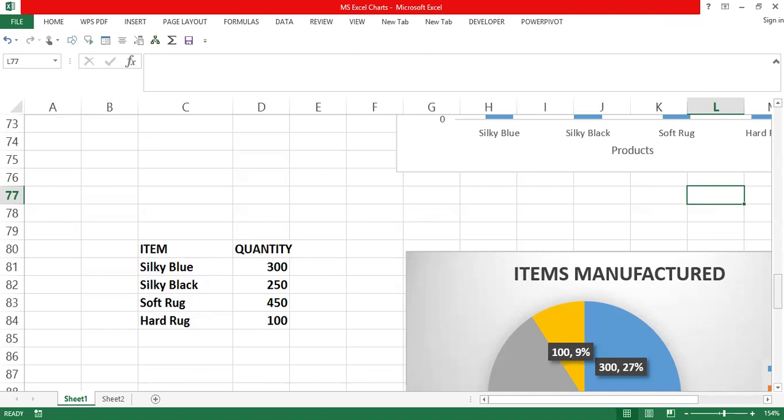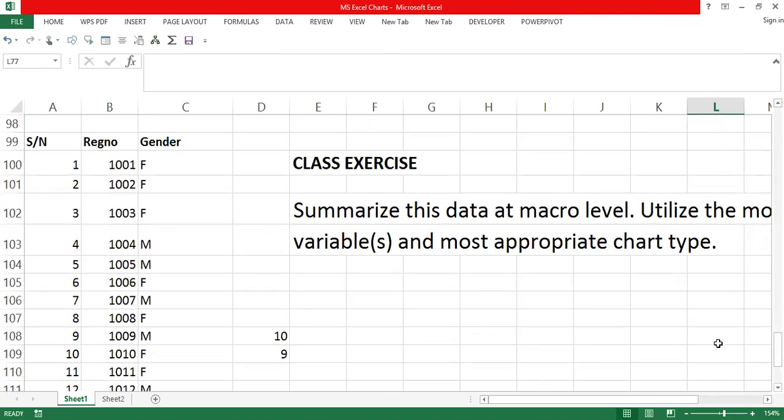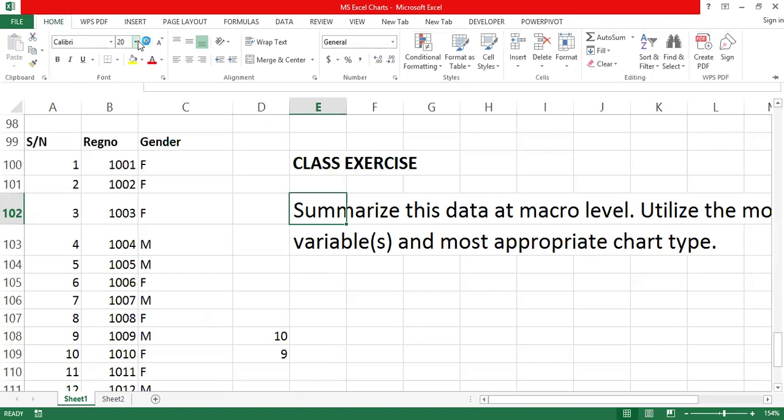My question clear? For example, you see a question here. Let me reduce this. I think we also have grouped and ungrouped data. Yes, sir.